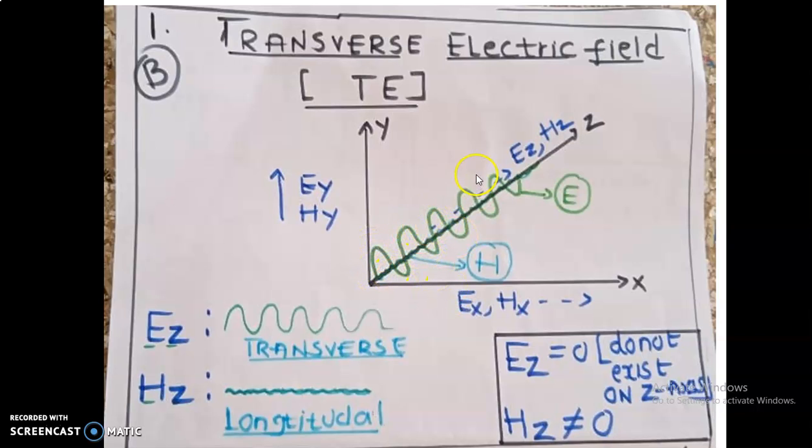Who is oscillating here? The electric field is oscillating, because the topic name is transverse electric field. The magnetic field is longitudinal. So in the z direction, H is existing, Hz is not equal to 0, but Ez, the electric field, is oscillating. If I ask whether any signal of the electric field is present on the z axis, I'll say no, and that is what you have to understand.